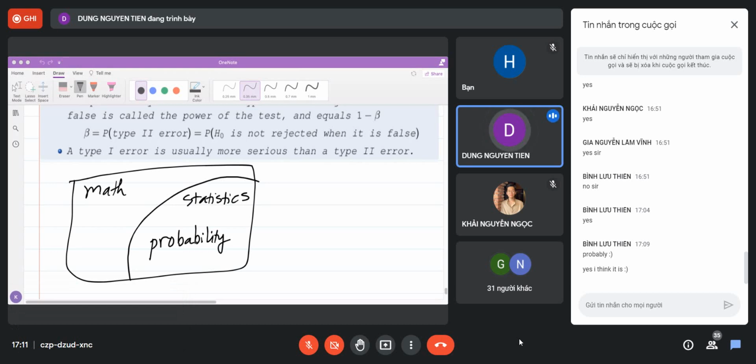You can deal with f of many variables. Okay, one student agrees with the statement that in statistics you need to deal with a lot of formulas, and because there are too many formulas, too many numbers, calculations, you think that it is a part of math.